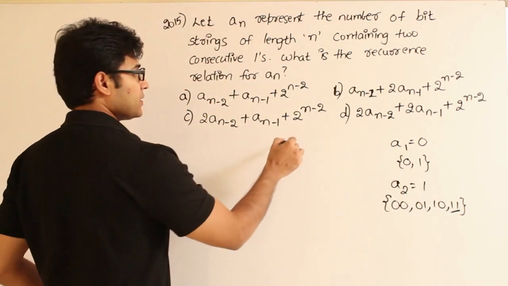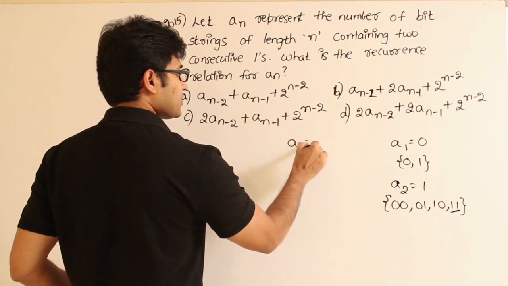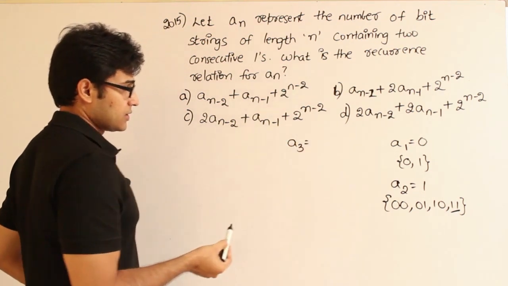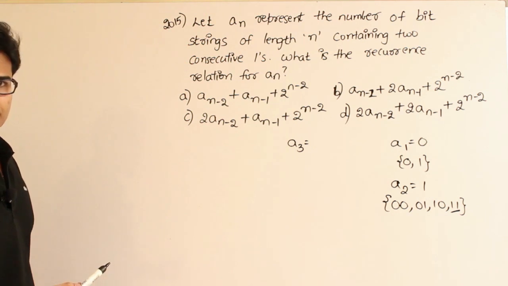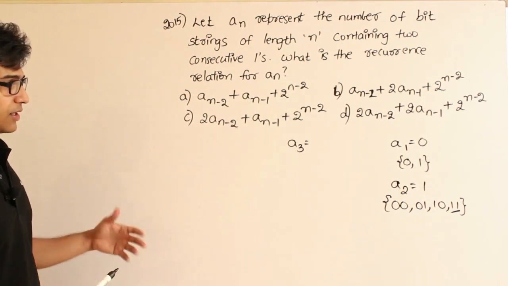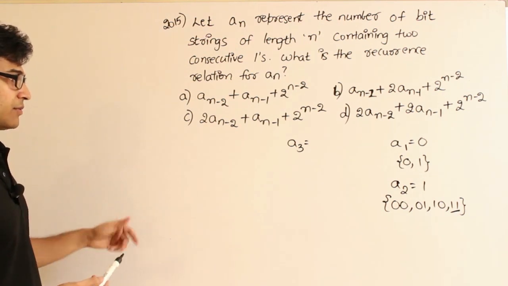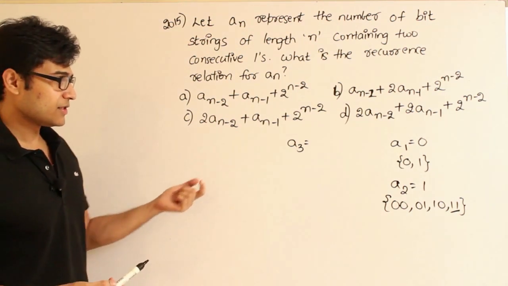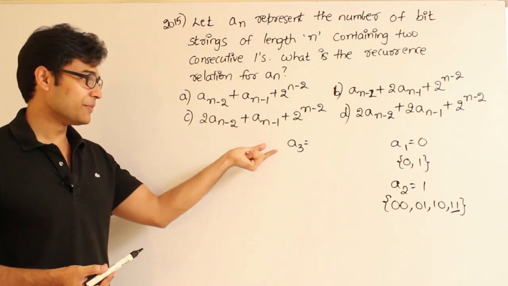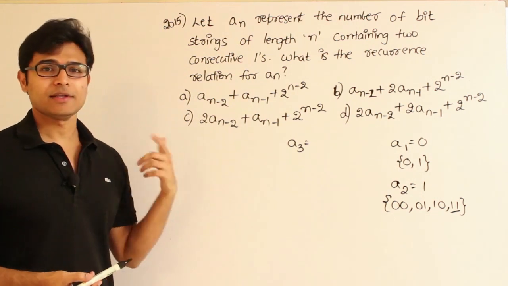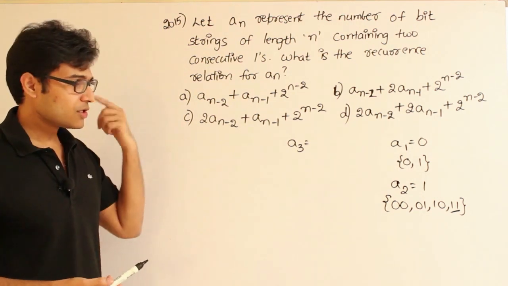And what about a3? a3 is the set of all strings of length 3 in which there are two consecutive ones. In the exam, if you can do it directly, you do it. Here I want to demonstrate the example completely, otherwise people will blame me. In the exam you just do it in your mind.